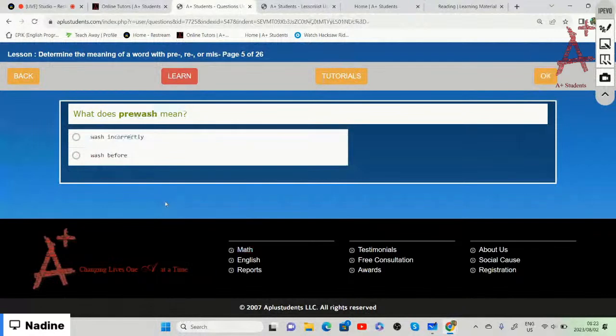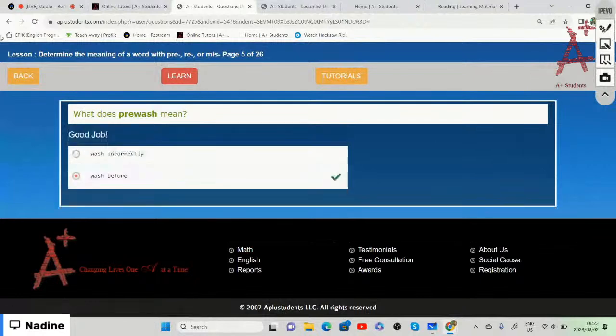And then what does prewash mean? Does it mean wash incorrectly or wash before? If we prewash, then we wash before, because pre means before.